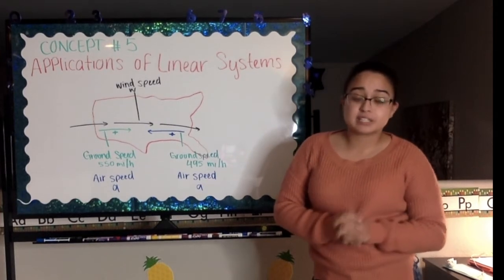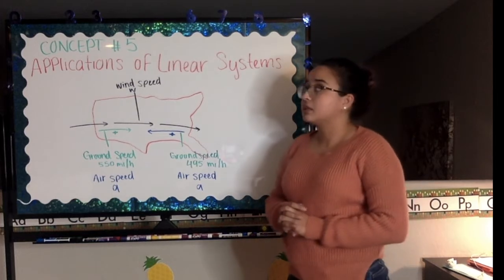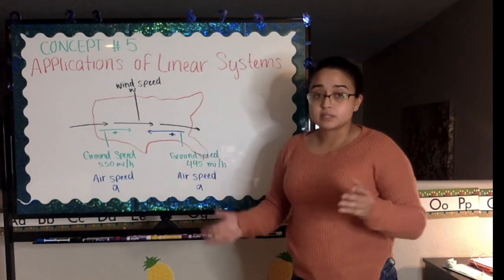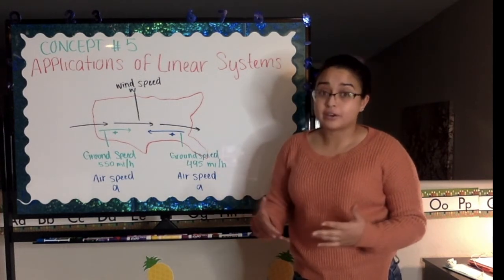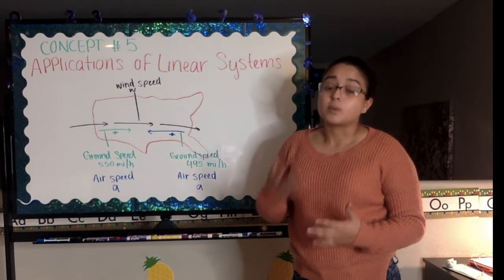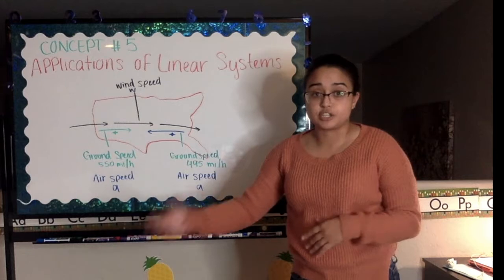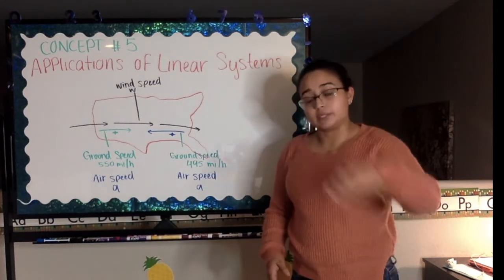Today we are continuing with concept number 5, and we're learning how to see the differences in traveling through air, what problems air can cause depending on what direction you are traveling, and if it is with the wind or against the wind.